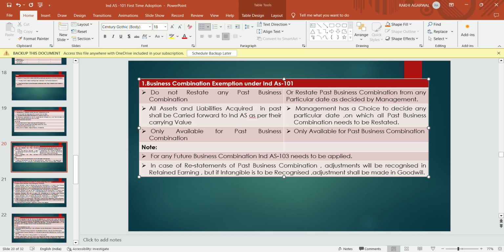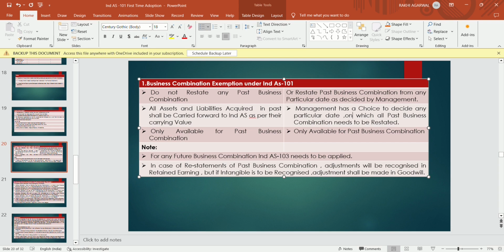If a business combination happens in the future after Ind AS is applied, then Ind AS 103 applies to that future business combination, and the Ind AS 101 exemption does not apply. If you are availing the business combination exemption for the first time as per Ind AS 101 and want to restate the past business combination, any adjustment made on that will be recognized in retained earnings.